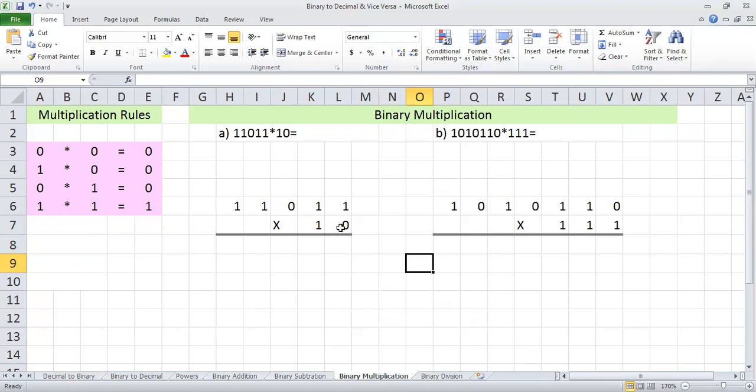Now let's start from the least significant bit, or you can call it the ones place. If I multiply 0 with, sorry, the tens place, if I multiply this number with the rest of the numbers, the values will be 0. So I have to write 0 five times.